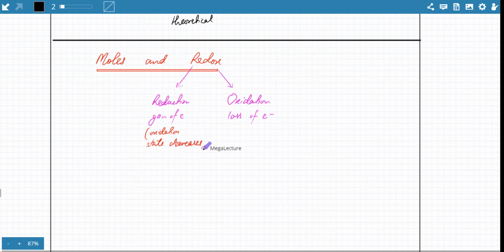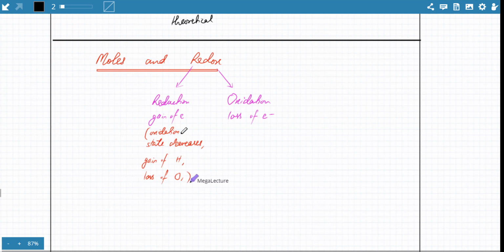Then there's another way of figuring out a reduction, and that is a gain of hydrogen, or you can say loss of oxygen. But a lot of reactions don't have hydrogen and oxygen in them, so these last two definitions don't usually apply to many reactions.